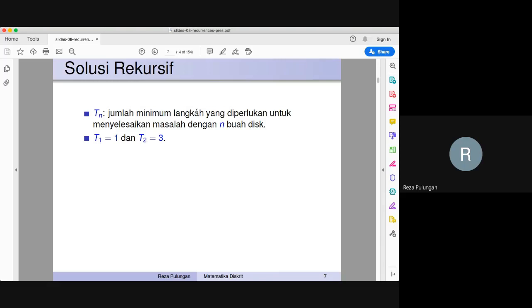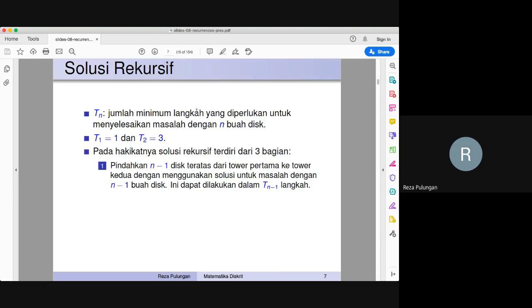Like I described, we have already seen that T1 is equal to 1, so we know the boundary condition. T2 is equal to 3. T3 is equal to 7, I think, in the previous slide. Okay, but how do we solve this in general?